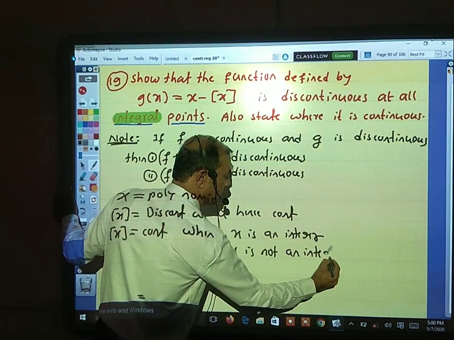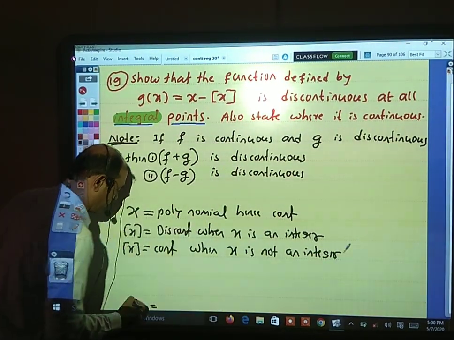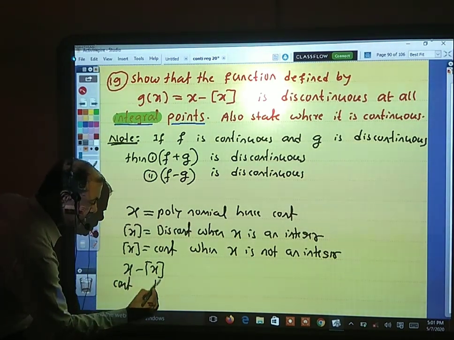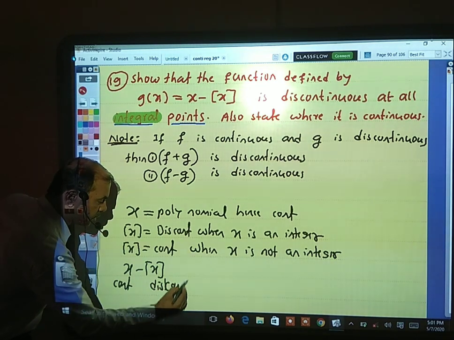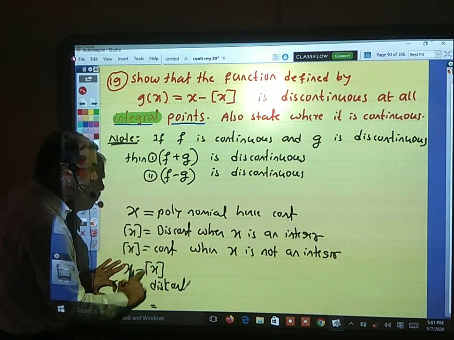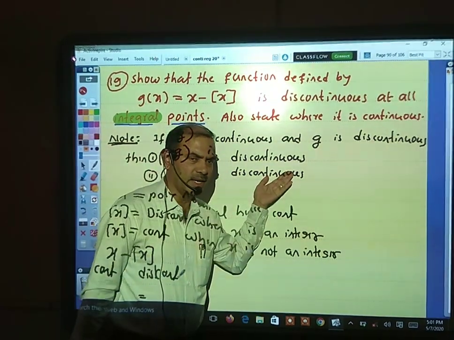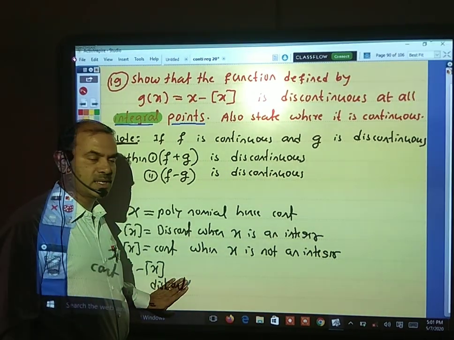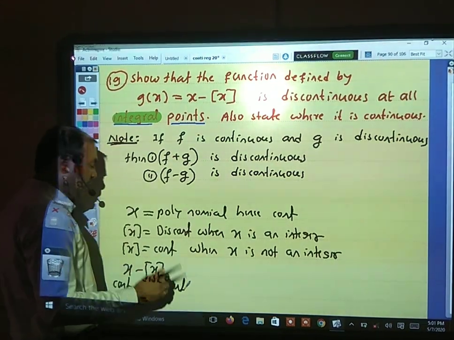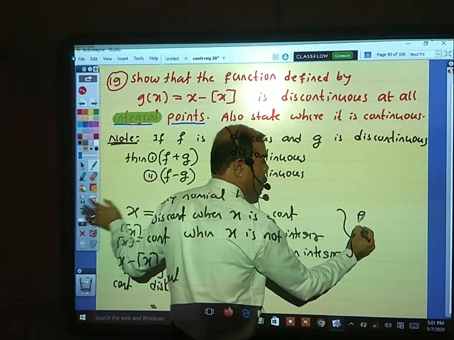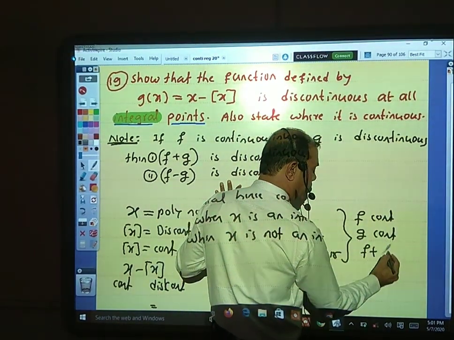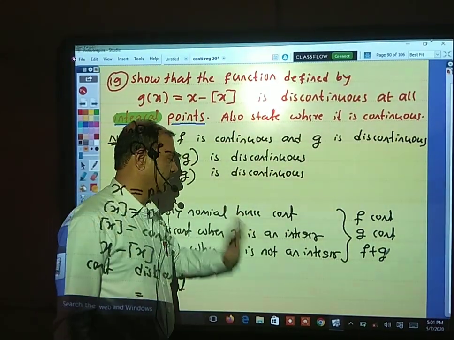Now from this, x minus the greatest integer of x: x is continuous and the greatest integer is discontinuous. This f is continuous, g is discontinuous. What about f minus g? Definitely it is discontinuous. If the first function is continuous and the second is discontinuous, then definitely it is discontinuous. And if f is continuous and g is continuous, then the sum of two continuous functions is always continuous.